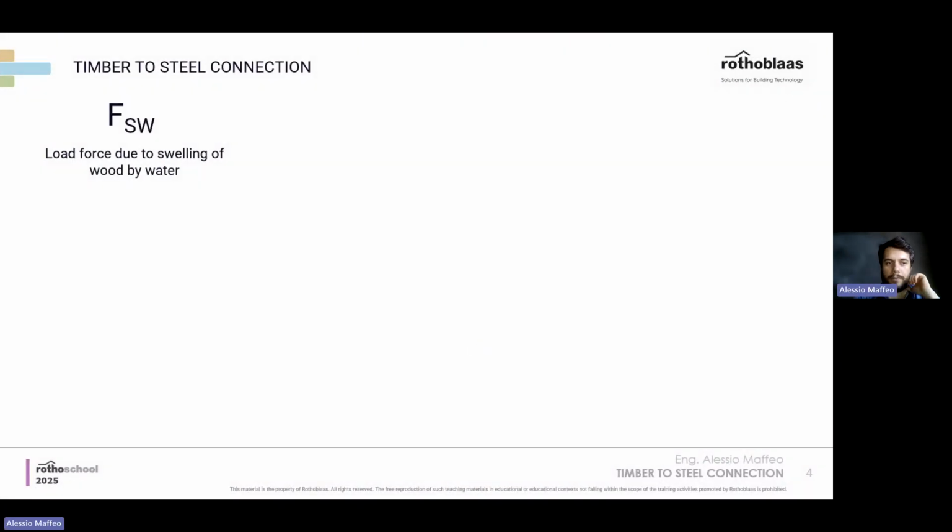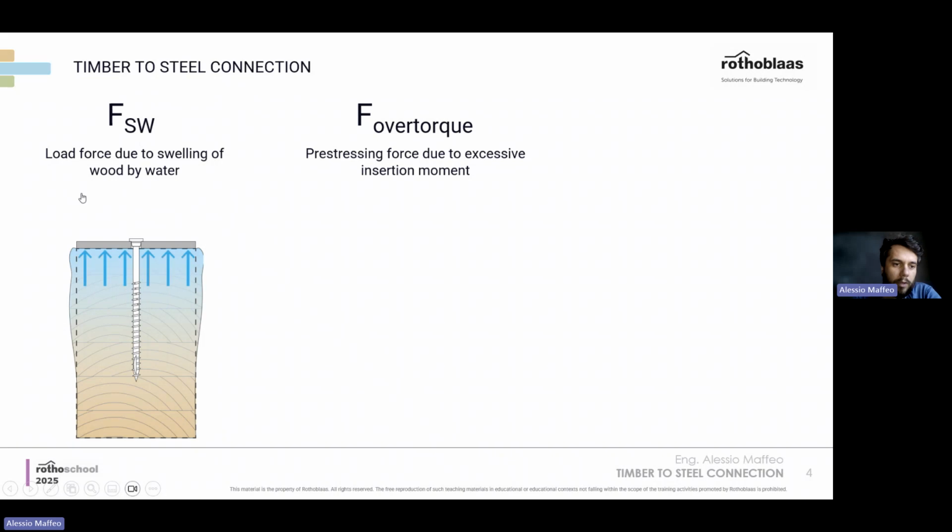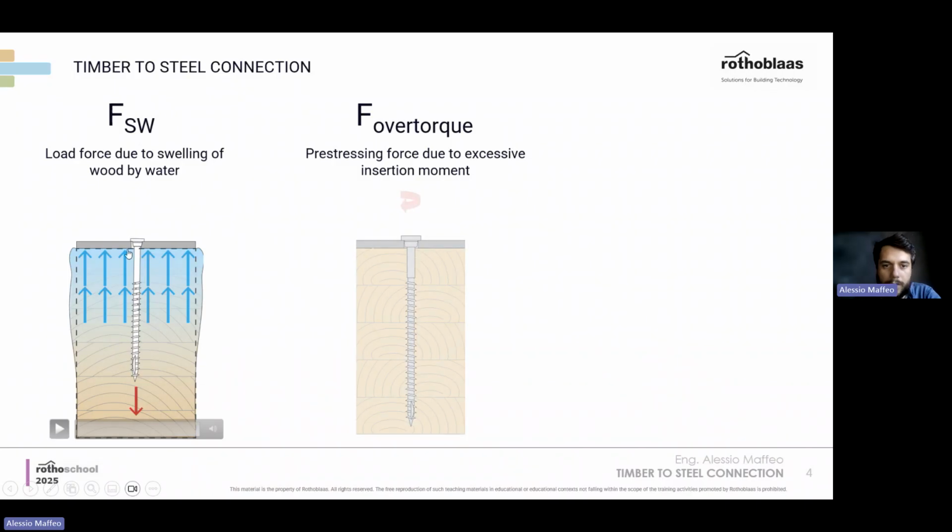Usually, if we look at the swelling of the timber, since we have all of this water absorbed by the timber element, it's easy to see and to understand that most likely timber will try to expand, to swell, and then push against the plate.